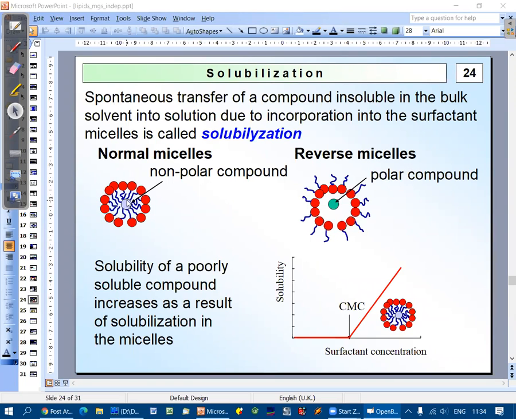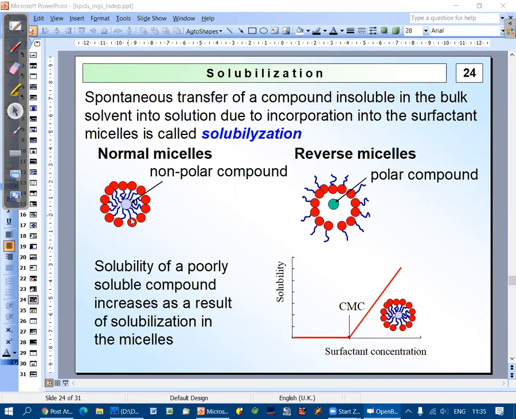As in normal micelle, the inner part is non-polar. In the reverse micelle, the inner part is polar. Such particles are able to absorb compounds with the same properties.